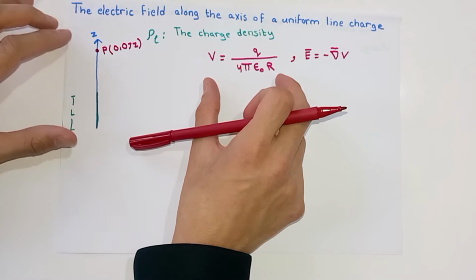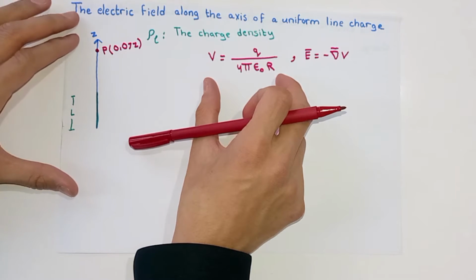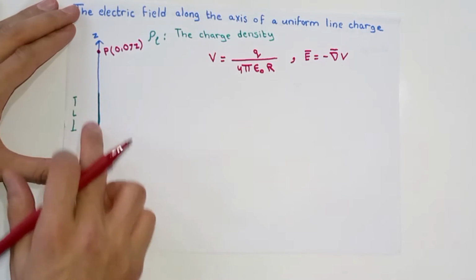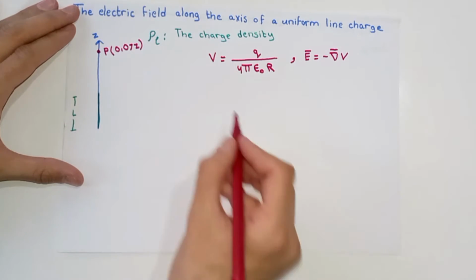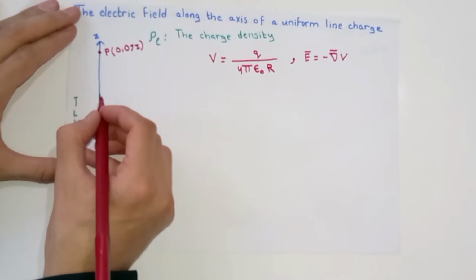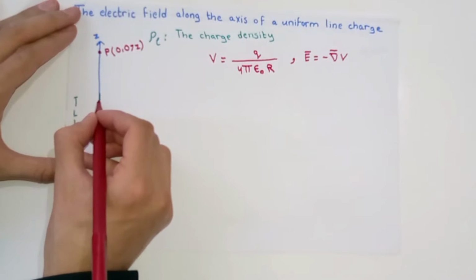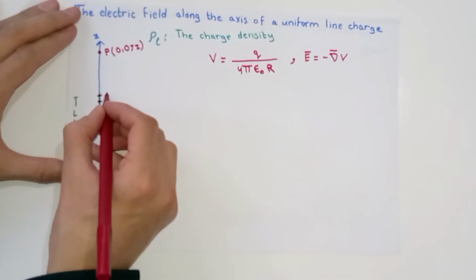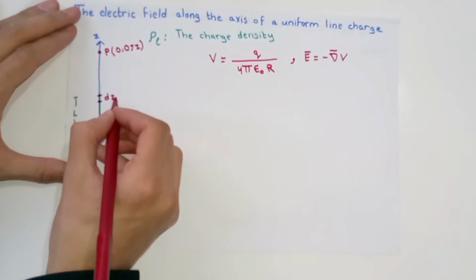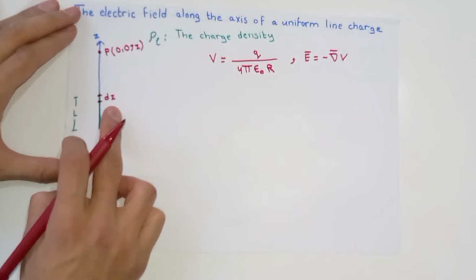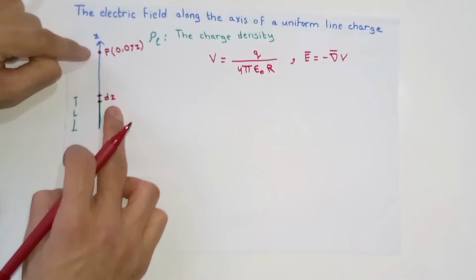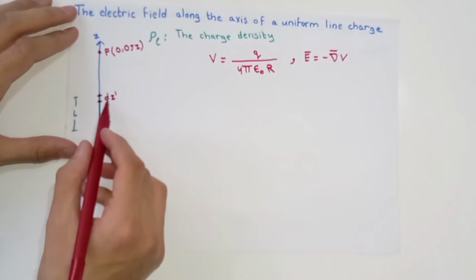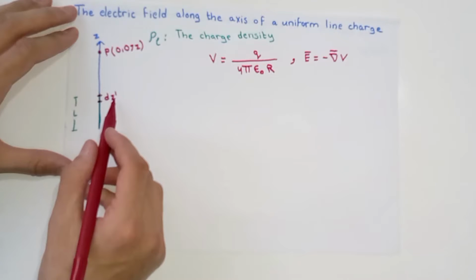This form of the equation is optimal when we want to find the electric potential due to discrete points. But in this case, this line charge is continuously charged, so we are going to find another approach. I will take a small piece from this line charge and call it dz. To avoid ambiguity between the coordinates of this point and of the line charge, I will make the coordinates of the line charge primed.